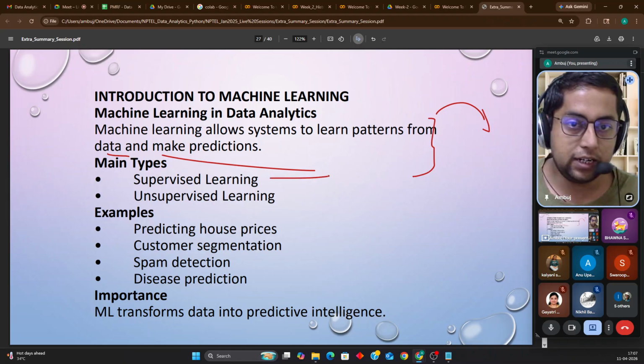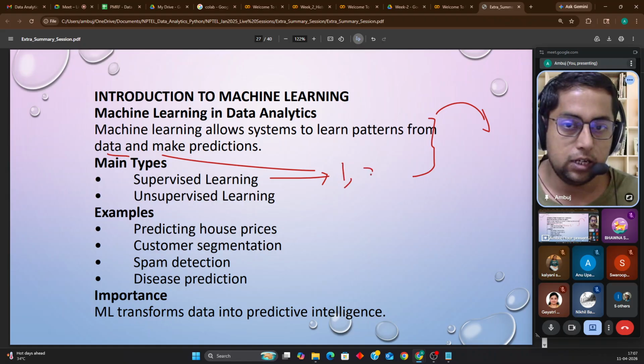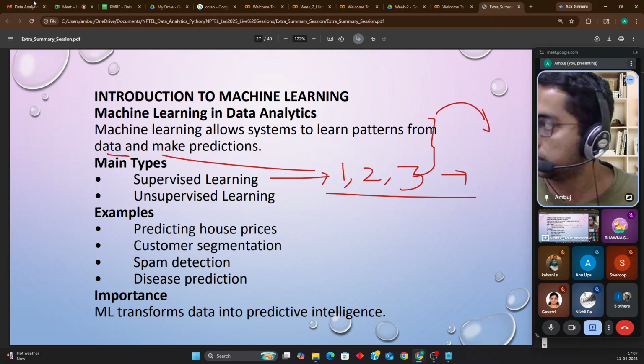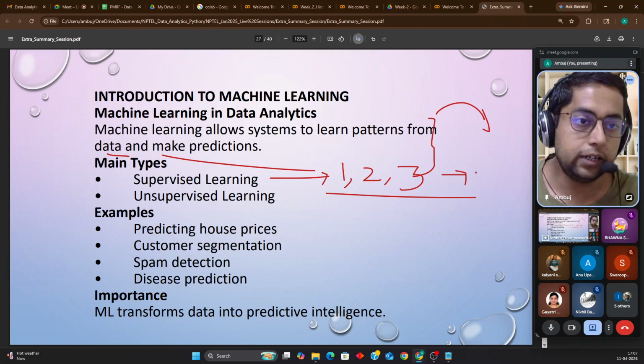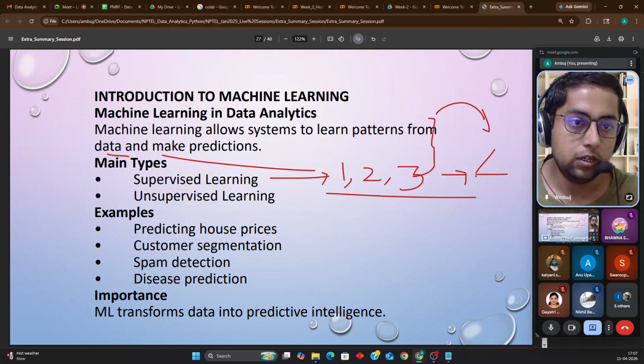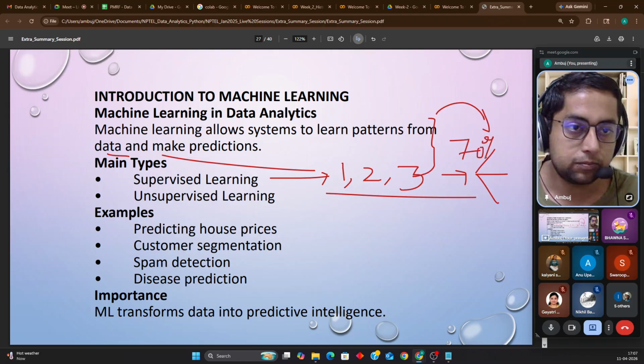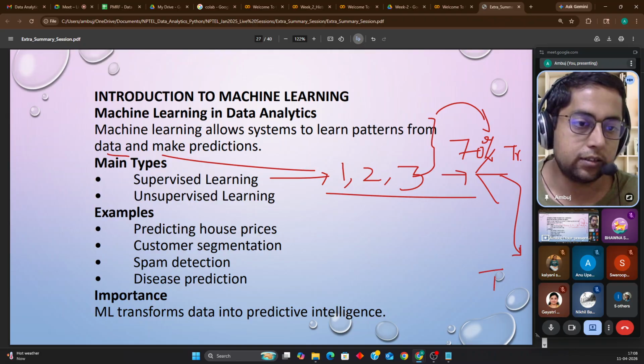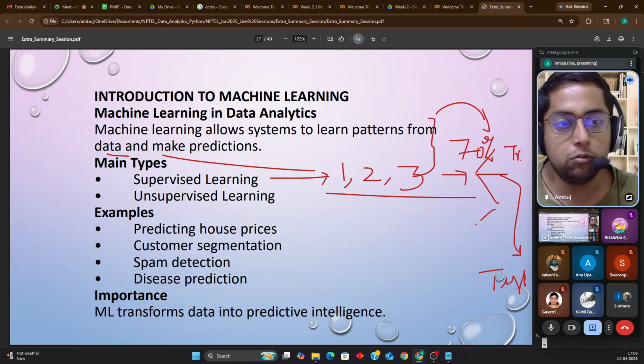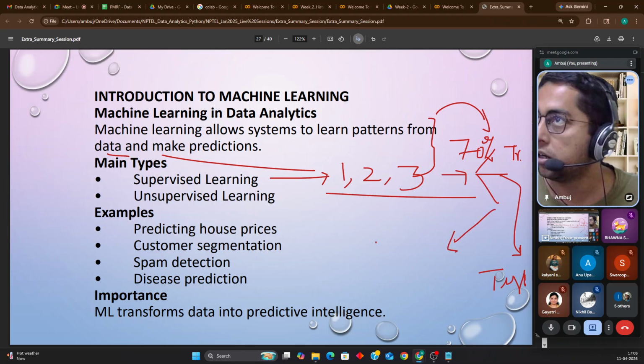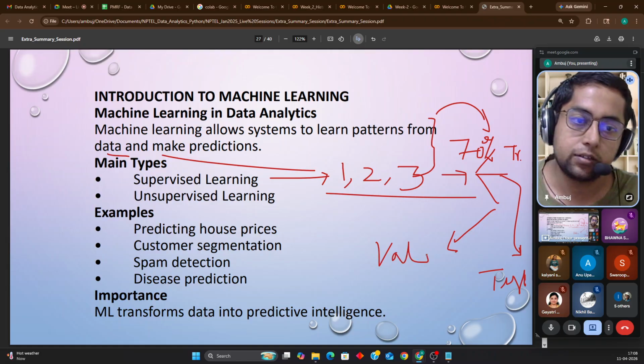The main type is supervised learning. In supervised learning, you are given the data and you divide the data into three categories. First, you take 70% of the data as training. 20% of the data you keep for testing, and 10% of the data you keep for validation.